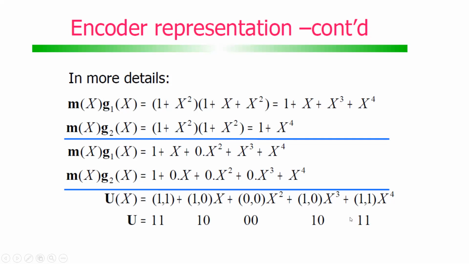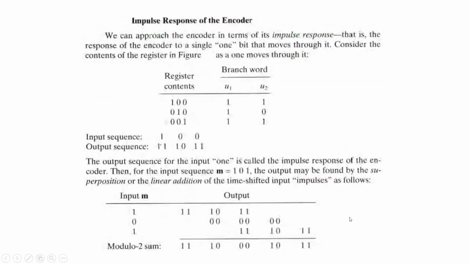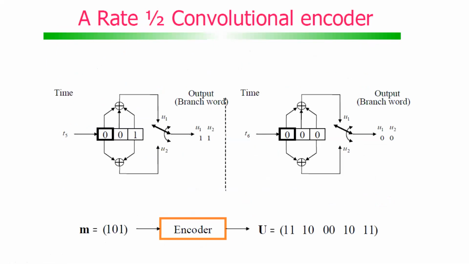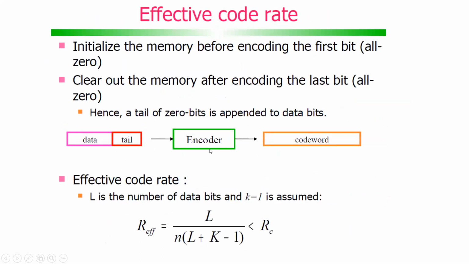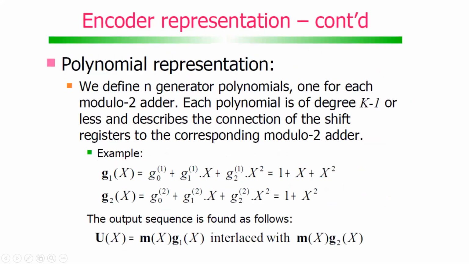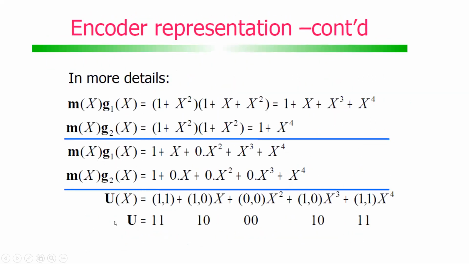So this is the code word which we obtained using this structure, doing the XORing, and we can solve it using the polynomial mathematics also, and we will get the same code word for the same message vector if we use G1 as 1, 1, 1 and G2 as 1, 0, 1.